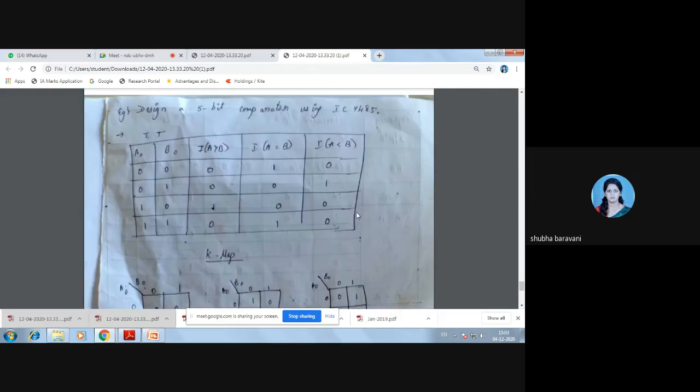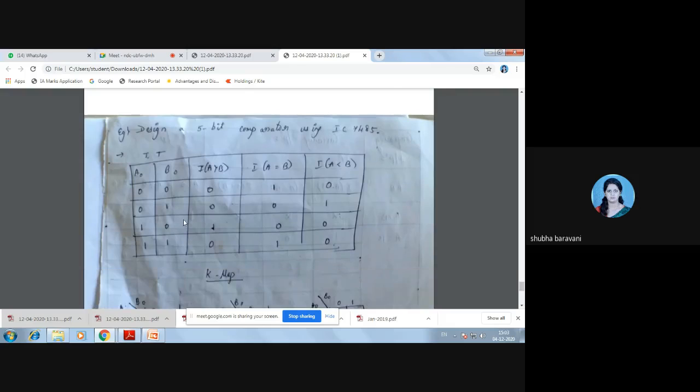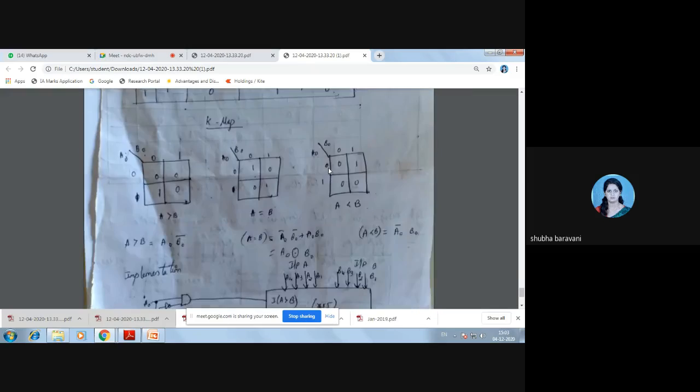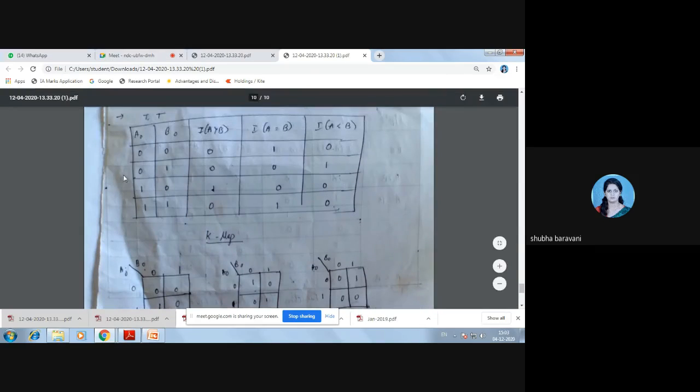For the 5th bit, I'll do the comparison and the cascading. So I'll take A0 B0 and the cascading inputs.